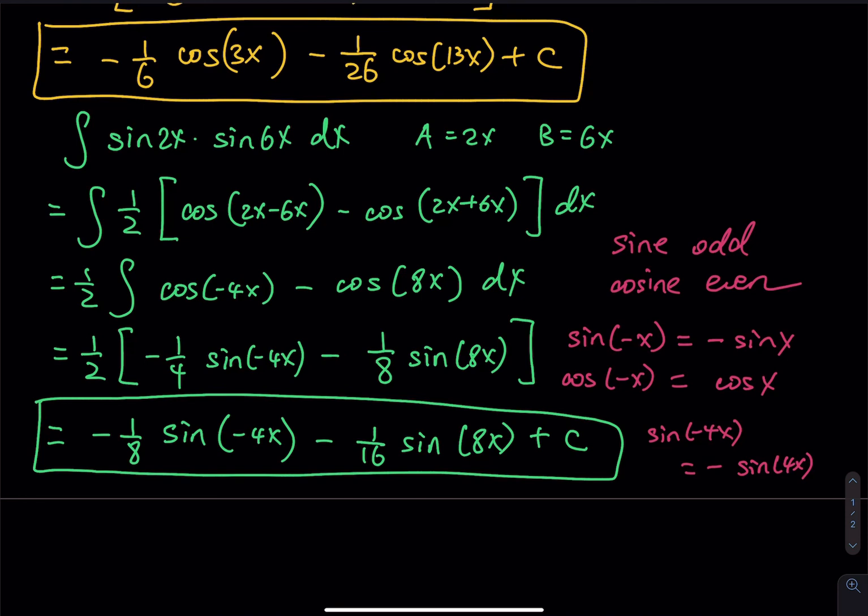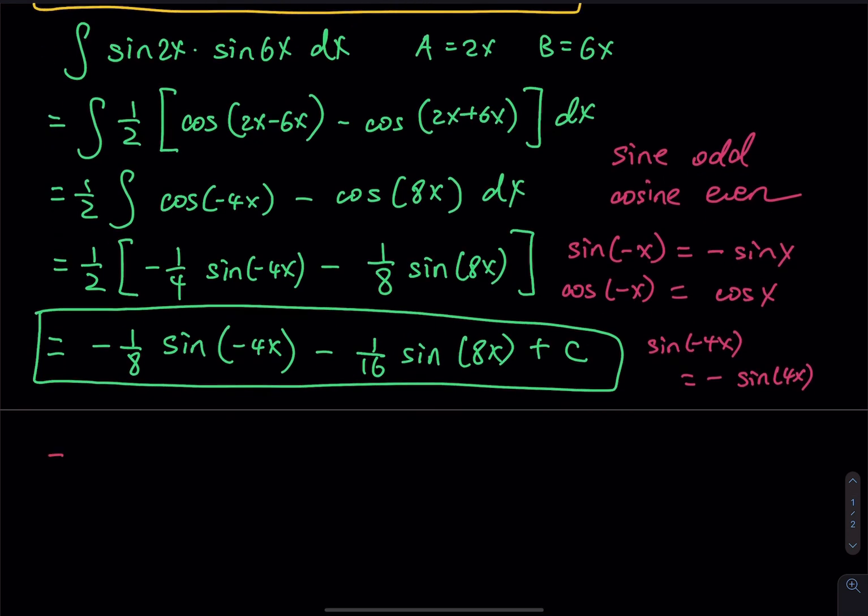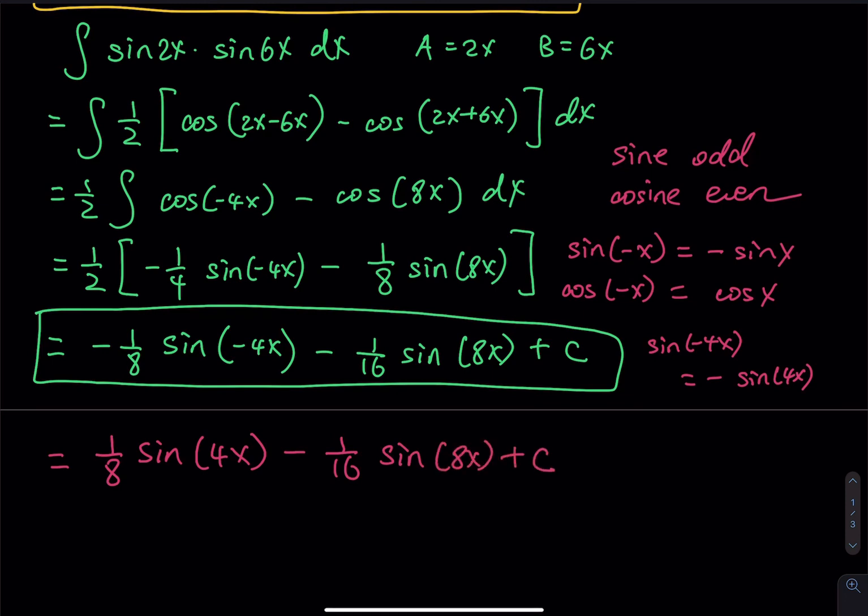But when you do homework online, the system might not accept it, so just be careful with that. Let me do one more step. When you take the negative sign out, you have a positive 1/8 sine of 4x, and then minus 1/16 sine of 8x, plus C. This is the final answer.